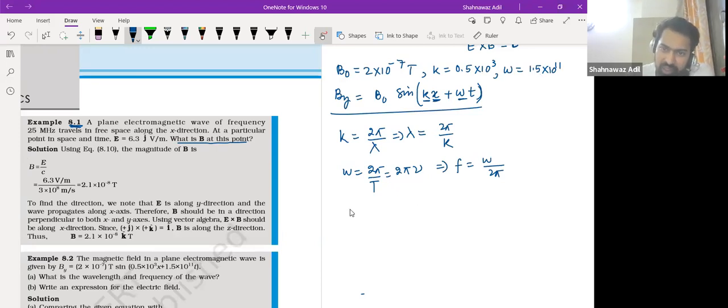Let us find lambda. This would be 2 pi divided by 0.5 into 10 to the power 3, so this is 2 into 3.14 divided by 0.5 into 10 to the power 3. This is about 1 point something into 10 to the power. So this would be lambda, right?